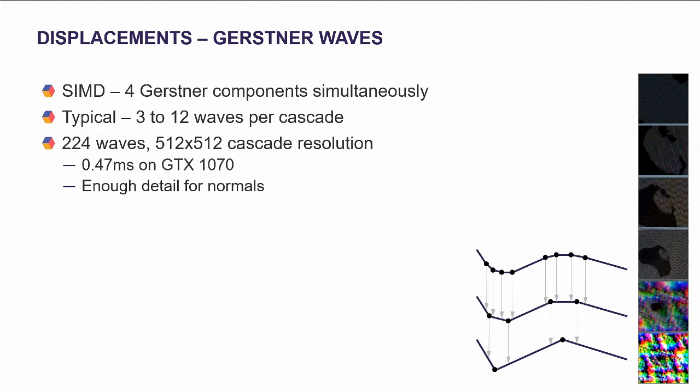As I mentioned at the start, all the code is online, so I can refer you to that. To give a data point ahead of the evaluation section, we measured summing 224 waves into 8 512 by 512 cascades, and it cost 0.47 milliseconds on this GPU. With these settings, there was enough detail to make additional normal map layers optional, but of course that depends on the project and its needs.